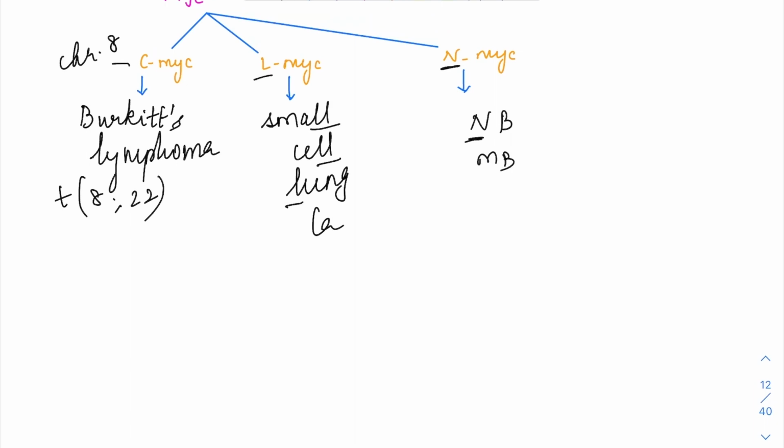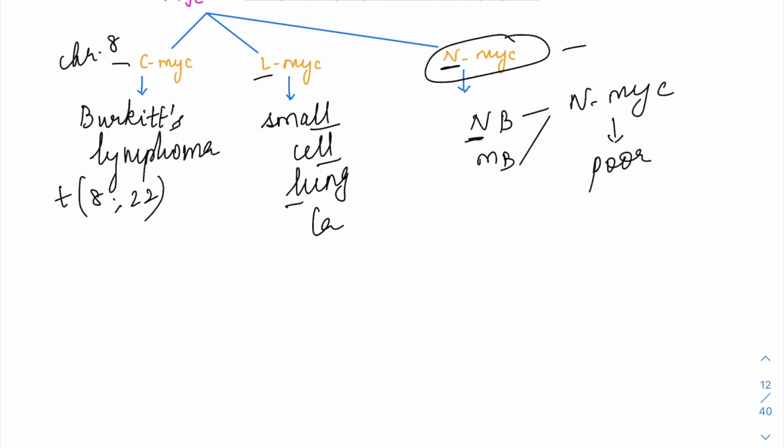So N-MYC you can remember, neuroblastoma. And N-MYC is actually a very bad prognostic factor for neuroblastoma. So in neuroblastoma, N-MYC amplification you'll have to check for. Same for medulloblastoma also. They'll ask for this N-MYC amplification, which is going to be a poor prognostic factor in both of these tumors.